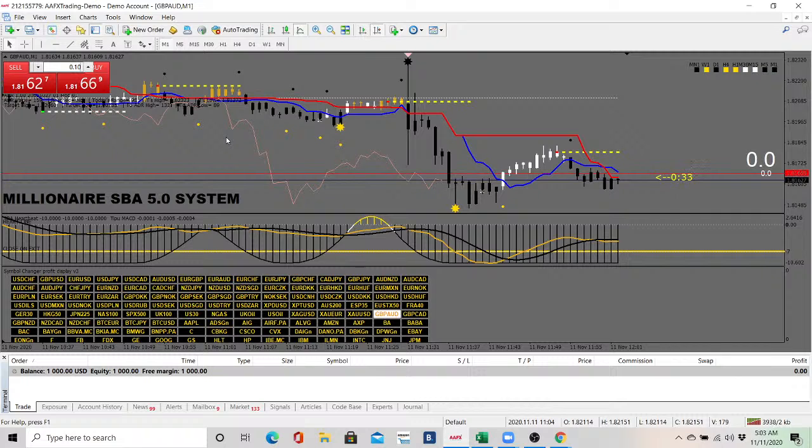So I started my demo balance with $1,000 because I know that when I decide to start trading live, once I hit $1 million, I'll have $1,000 to start with in my trading account.